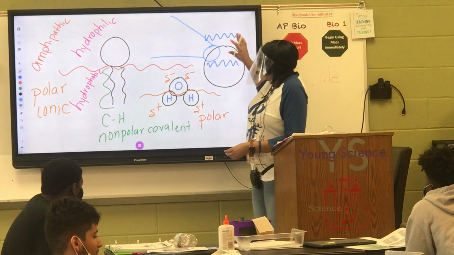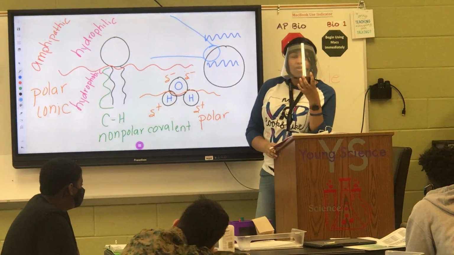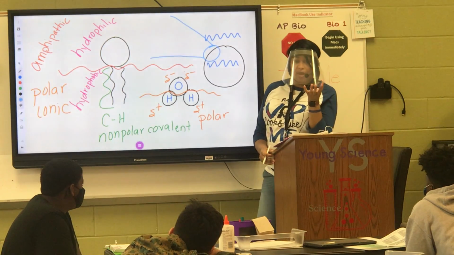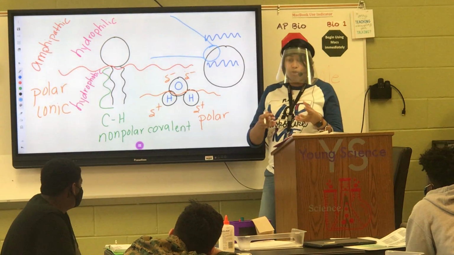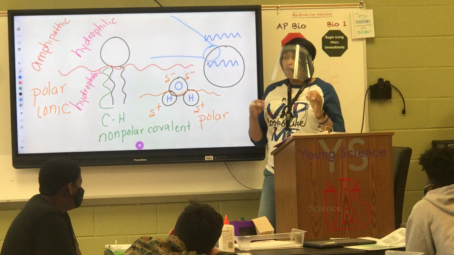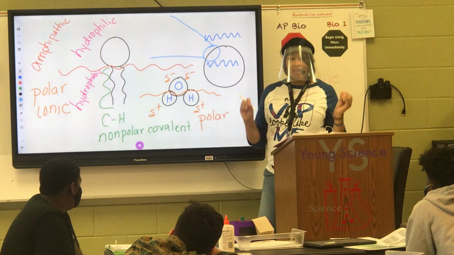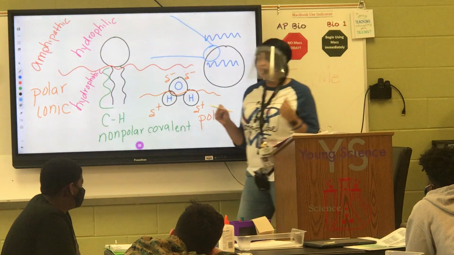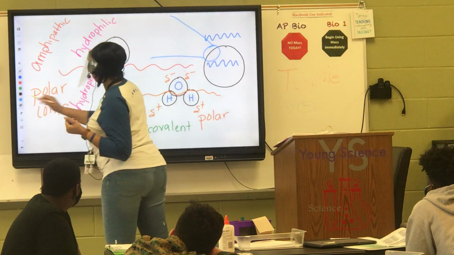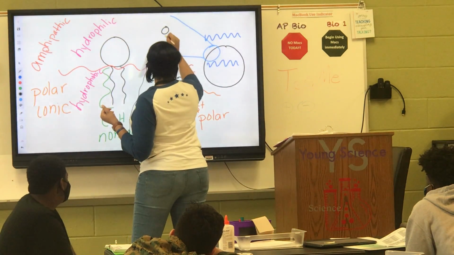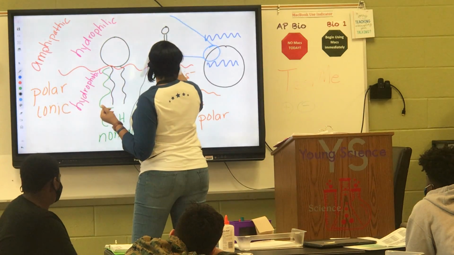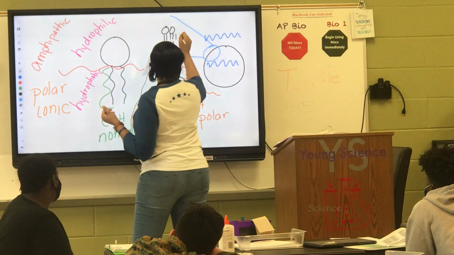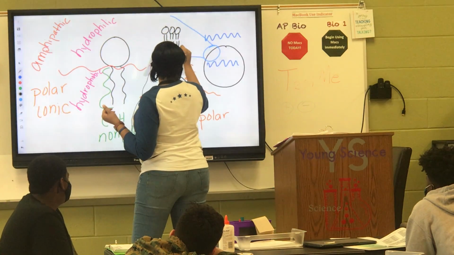Alright, so in order to fix this problem, the phospholipid, when it is in an aqueous solution, when it is in water, forms a bilayer. What does bilayer mean? A double layer. Two layers is a double layer. So what it looks like is, in the plasma membrane, when it's making the membrane, they arrange tail to tail.